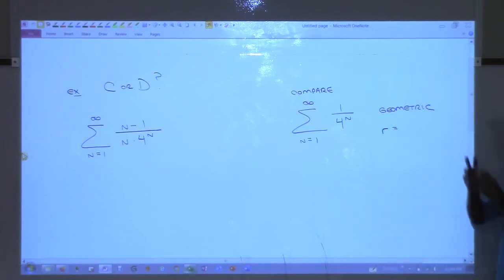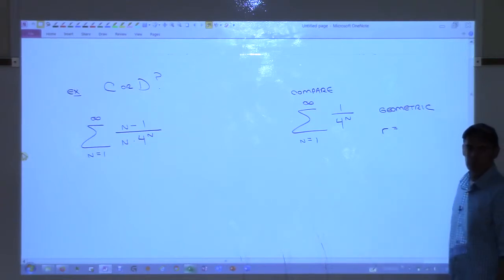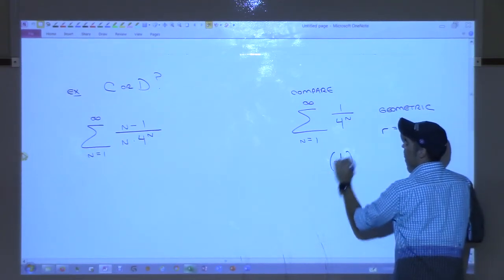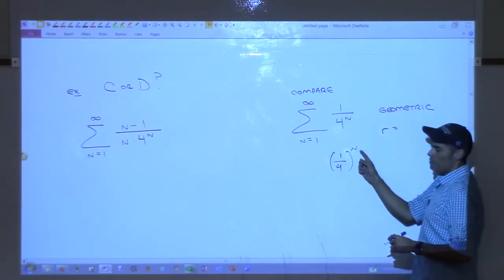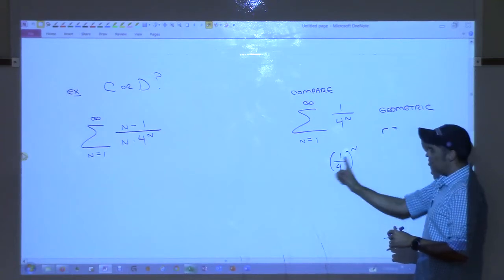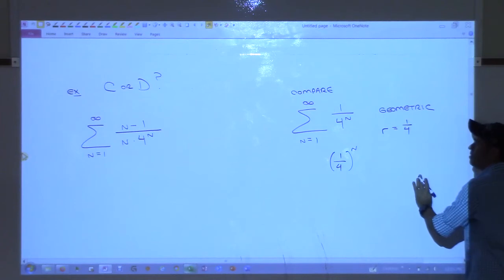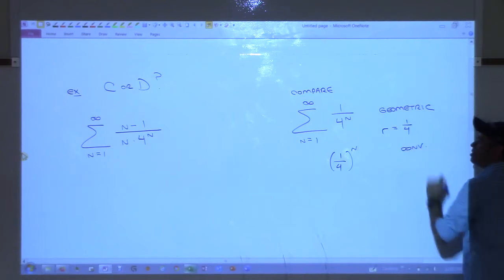It would take some manipulation, but at the end of the day, have an idea what r would be? 1/4, right? Because you could eventually rewrite this as 1 over 4 to the n, and because it starts at 1, you try to make this look like n minus 1, but this will be your r. So that's 1/4, and what does that mean this geometric series does? It converges, right? So we are comparing this to a convergent geometric series.